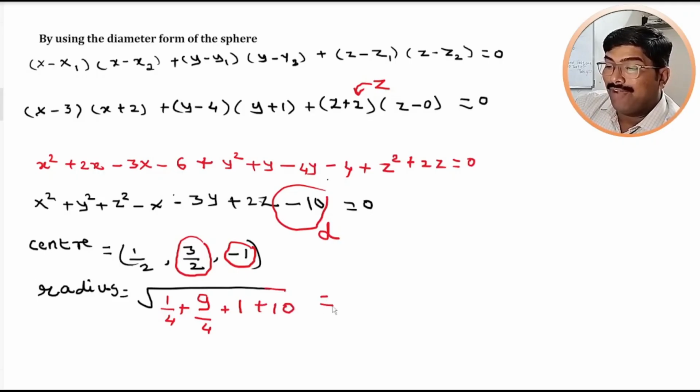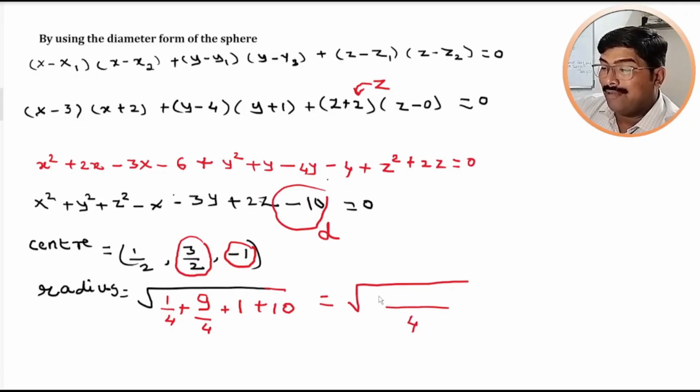So if you simplify this, you will get square root of, LCM is 4, by using cross product 1 plus 9, this 4 into 1 is equal to 4 and this 4 into 10 is equal to 40.